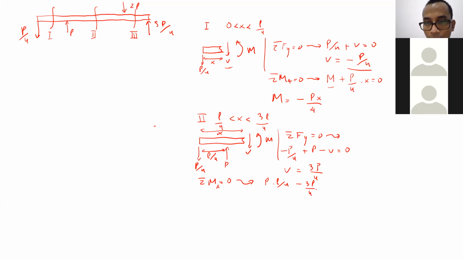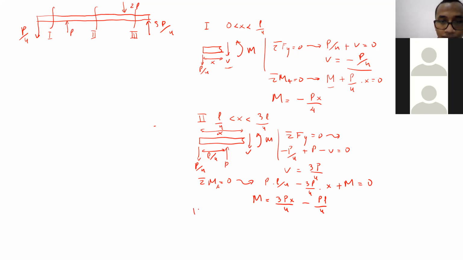So it's 3P over 4 times X. And then the moment M, equal to 0. We cannot join them together. So M is equal to 3PX over 4 minus PL over 4.